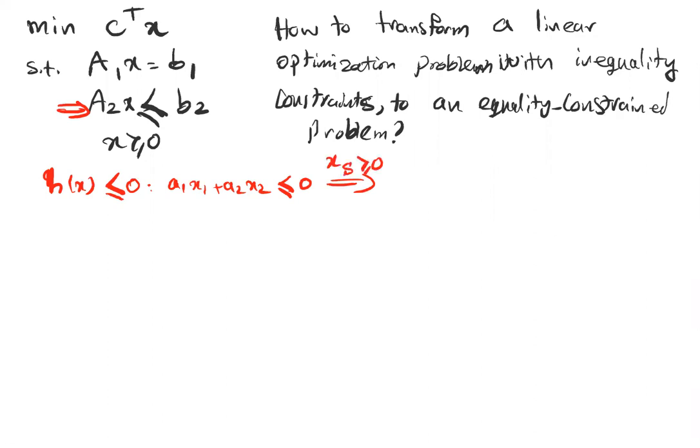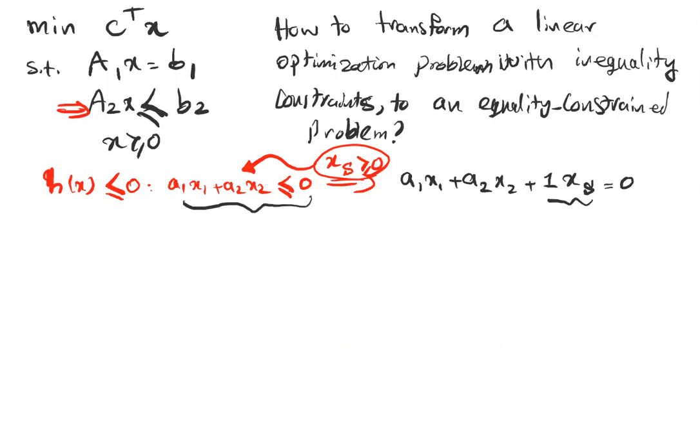This is a positive value. So if you add this slack variable to the left side of this inequality, you can guarantee that you can transform it to an equality constraint. So a1 x1 plus a2 x2 plus 1 multiplied by xs is equal to 0. So this slack variable is a positive value that helps transform this inequality constraint to an equality constraint.